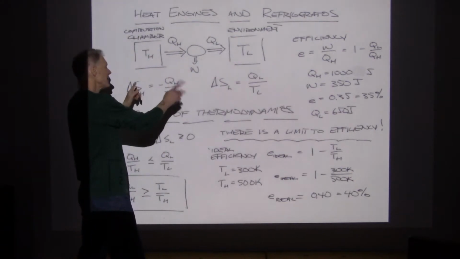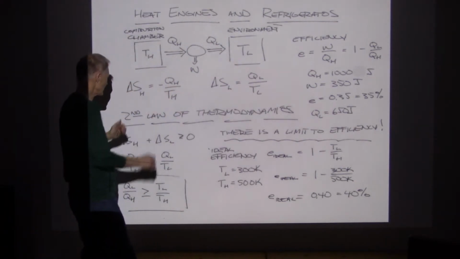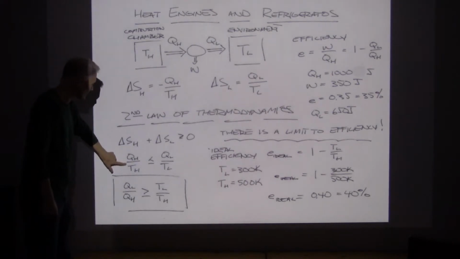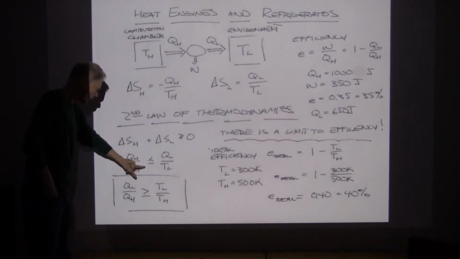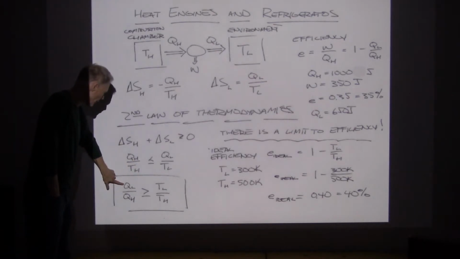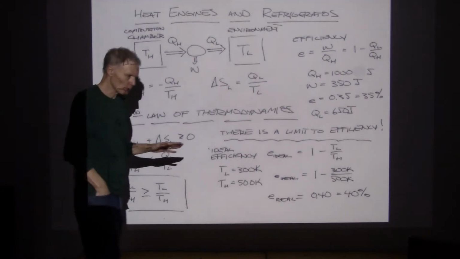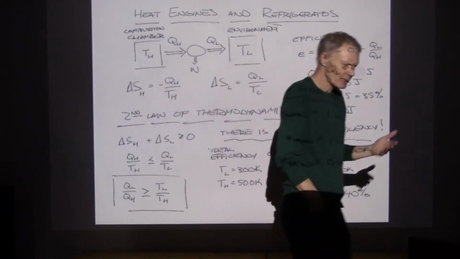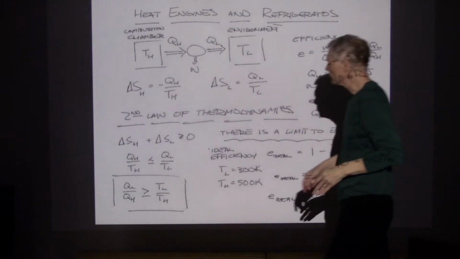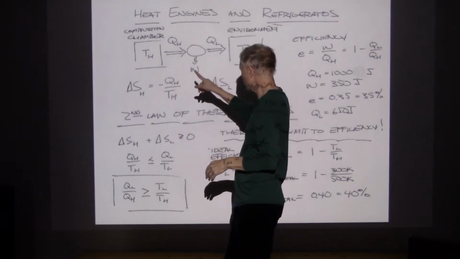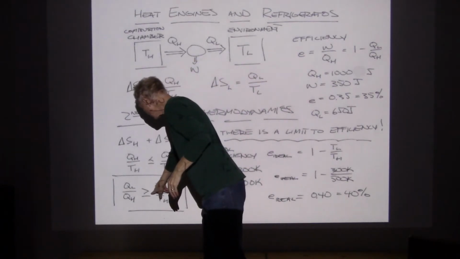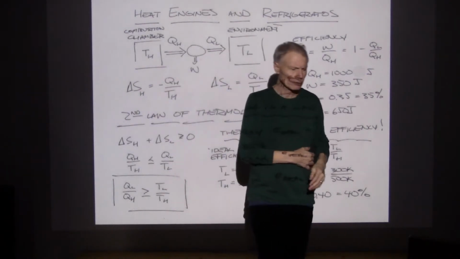Now, since these heats are transferred at different temperatures, we can write this in terms of this ratio, flipping the symbols around. The low temperature heat flow into the environment divided by the high temperature heat flow generated in the combustion chamber needs to be at least as large as the ratio of temperatures.